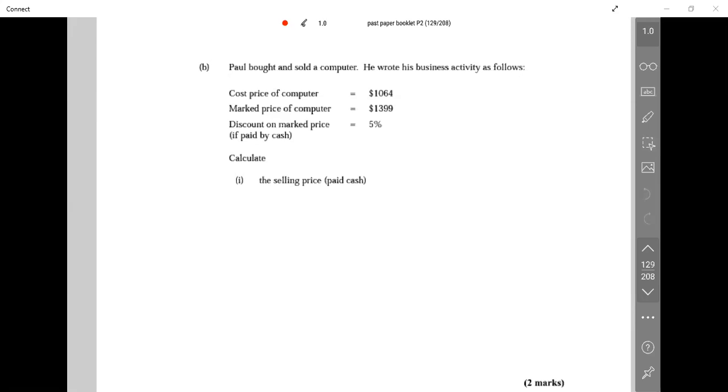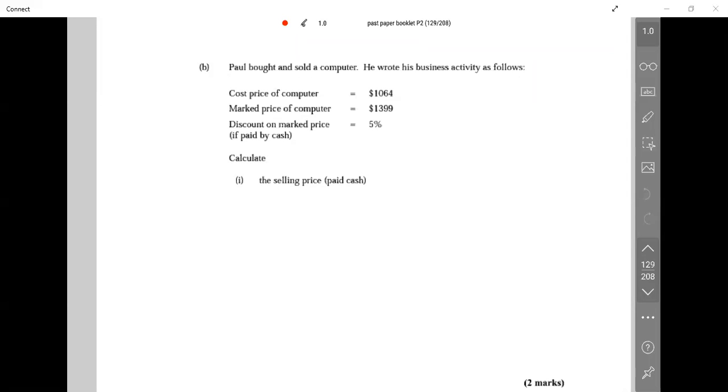Well, if you receive a discount of 5%, it means that you would only pay 95% of the cost. Now, there are 2 approaches you could take here. One approach is you could find the 5% discount and then subtract. Or you can say, if you receive a discount of 5%, the customer would only pay 95% of the mark price.